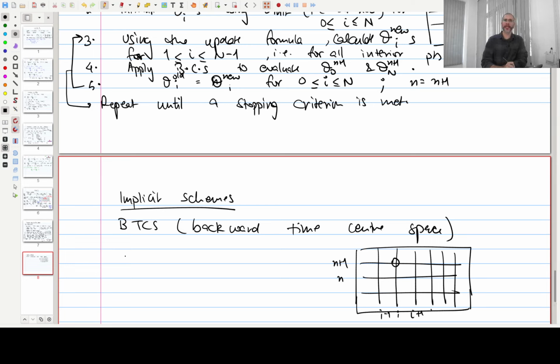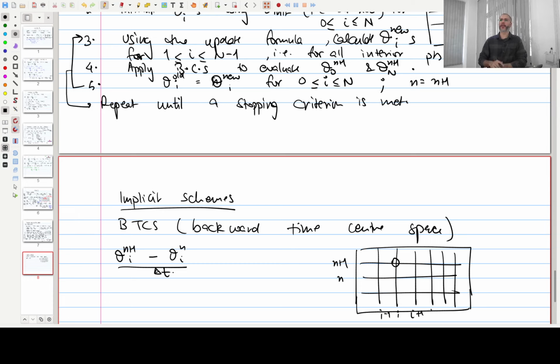When I discretize the time derivative in a backward sense, since we are writing the derivative at i comma n plus 1, del theta by del t becomes theta at the point at which we are writing it, and then one backward point, which is theta at n.